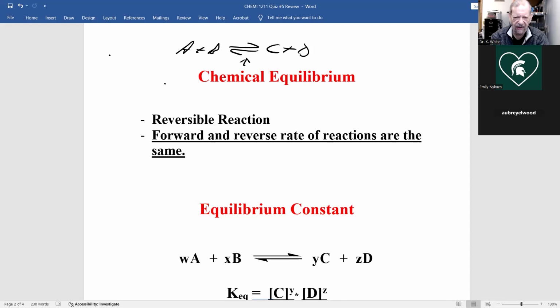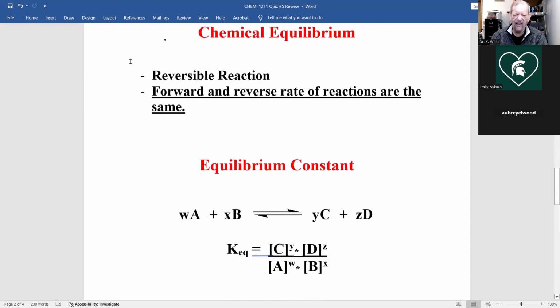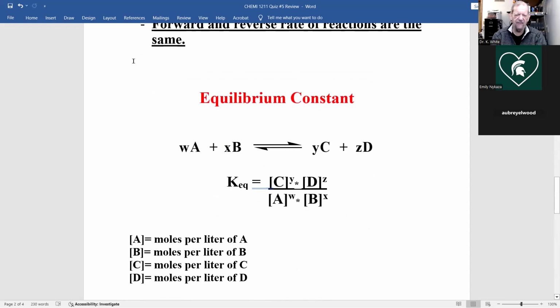Now, the important thing to know about chemical equilibrium is that the forward and reverse rates of the reactions are the same. We say at equilibrium, the forward and reverse reaction rates are the same. Now, there's an important number that you can calculate from an equilibrium reaction, called the equilibrium constant, K sub EQ.